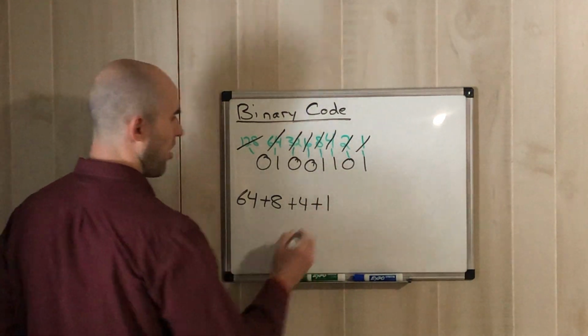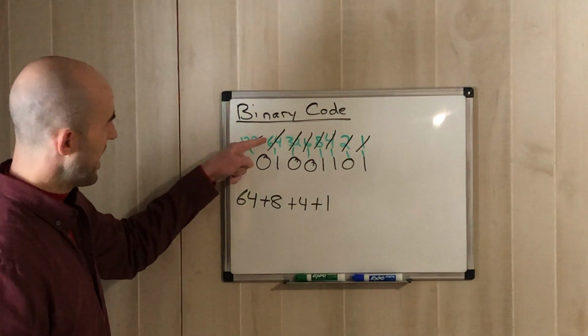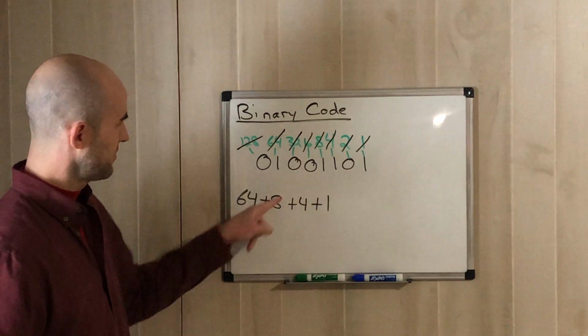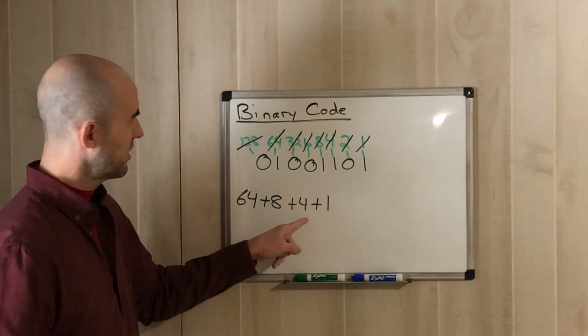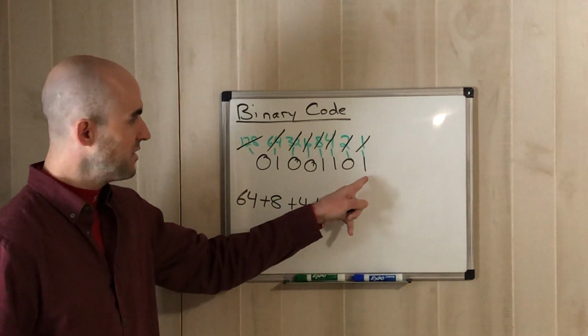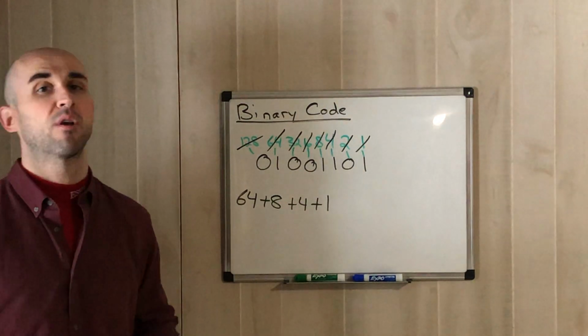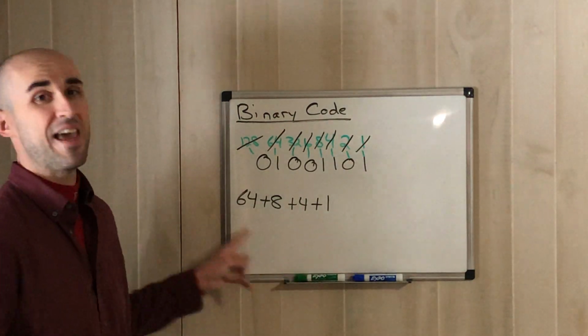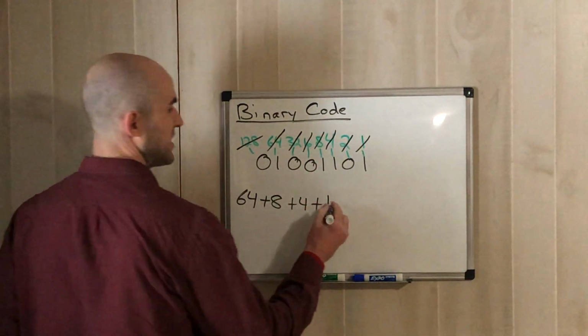Okay? So all we did was get the numbers. We had a 64, we had an 8, we had a 4, and we had a 1. Notice we had 1, 2, 3, 4 ones, so we have 4 terms. That's how it always should be. If we only had 2 ones, it means we should only be adding 2 numbers, and you always add them together.